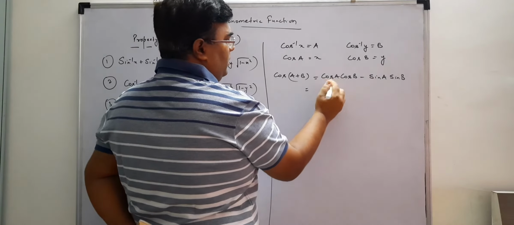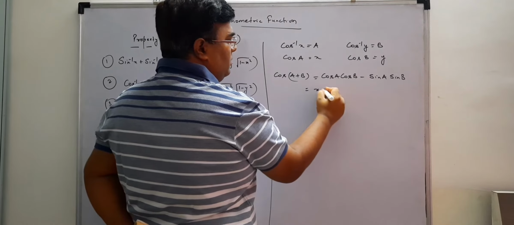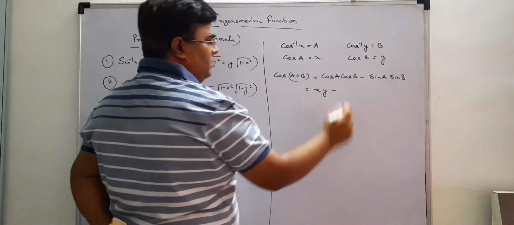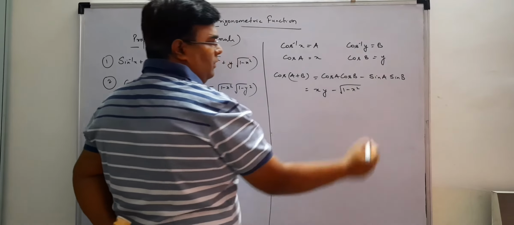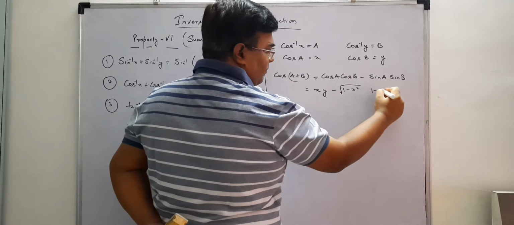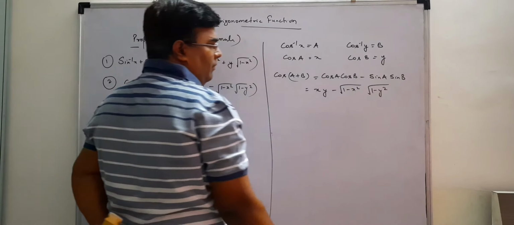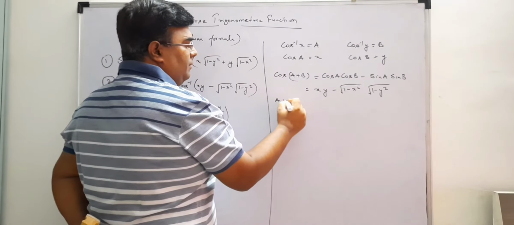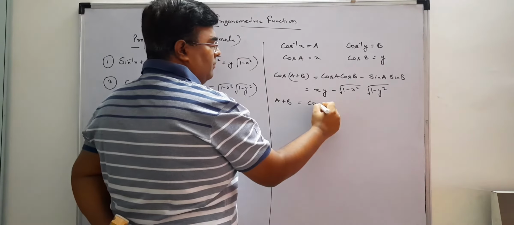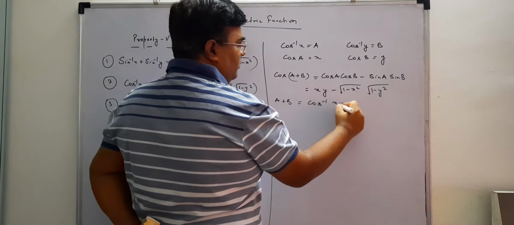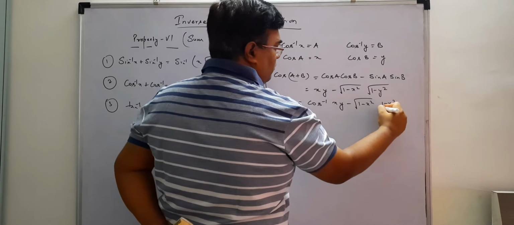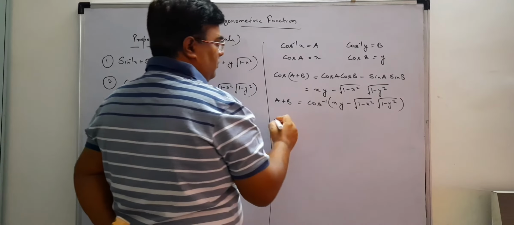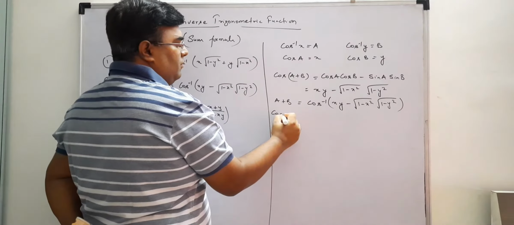What is my cos A? X. Cos B is y, minus sin A, which will be the square root of 1 minus x square, and sin B will be the square root of 1 minus y square. So my A plus B is cos inverse of that expression.